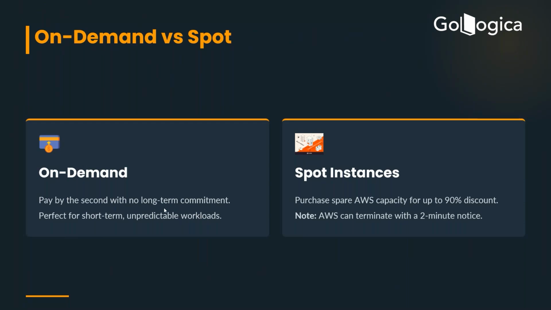But if you know that you need to use this capacity for 1 year, better you go for your reserved instance, because it is predictable that you need at least 1 year of usage. It will save you up to 72%, so that will be the best option. You will save a lot of money with the reserved instance.